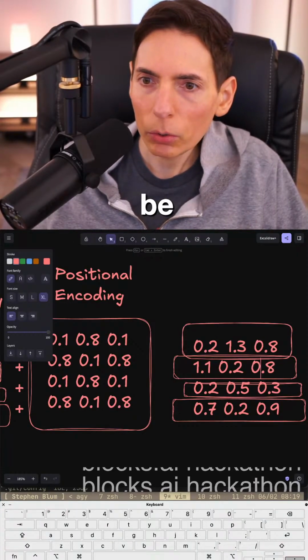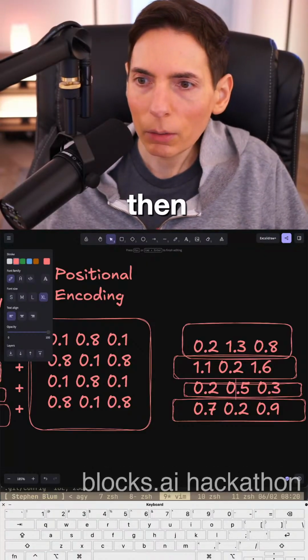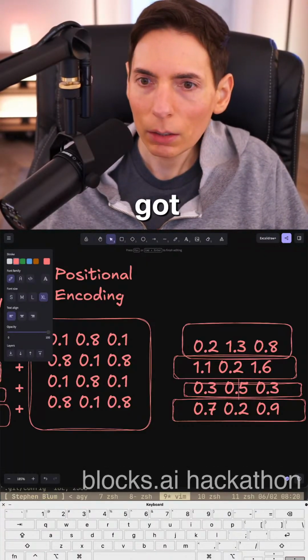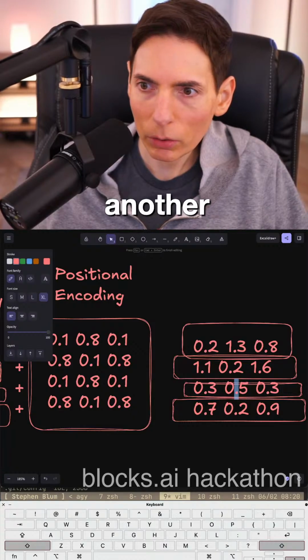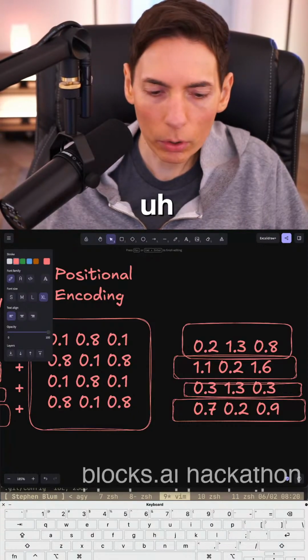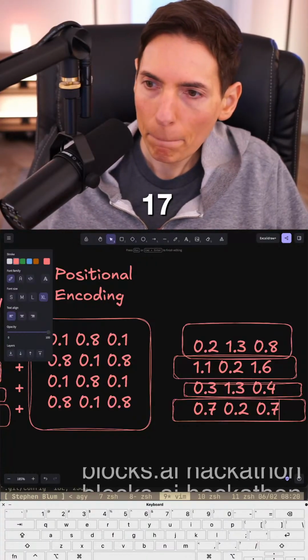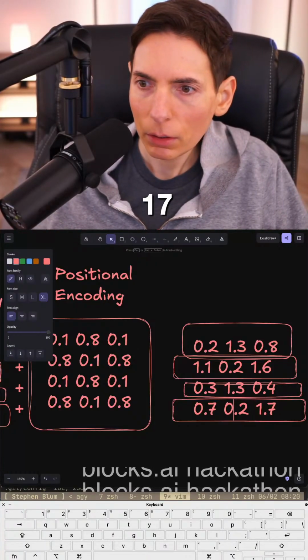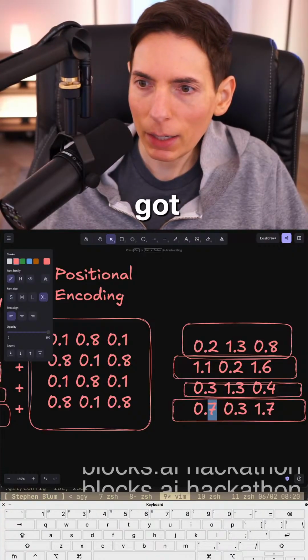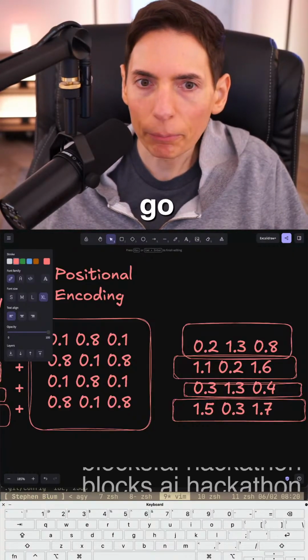This will be 2. This will be 8 plus 8, 16. And then we've got 3, 8, 5. That's another 13. And then we've got 4. Oh, 9 plus 8. That will be 17. Then this will be 3. Then we've got 8 plus 7 is 15, right? 15. There we go. Perfect.